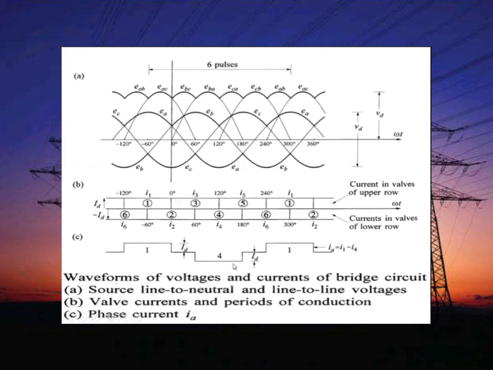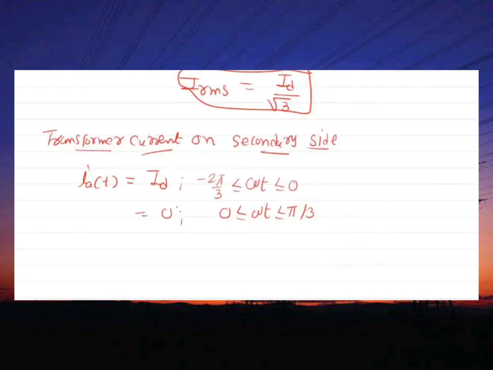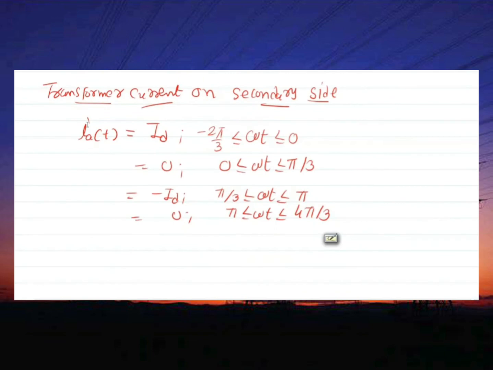So based on that, we write the equations: it is minus ID for pi by 3 less than or equal to omega t less than or equal to pi, and 0 otherwise, right? So this is the total conduction of phase A current.